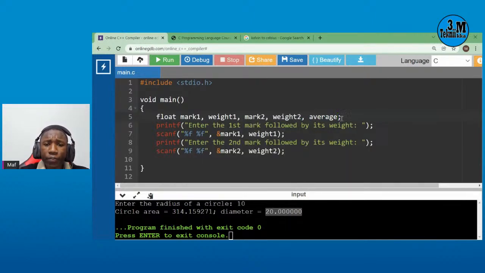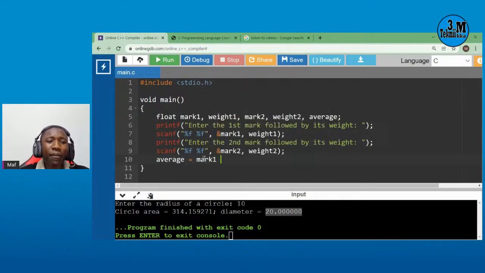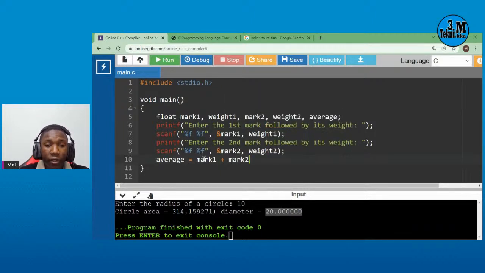The average is going to be calculated here. Average is equal to mark 1 plus mark 2 divided by 2. If you had some very simple arithmetic average, this is the normal behavior, the normal average would be like this.